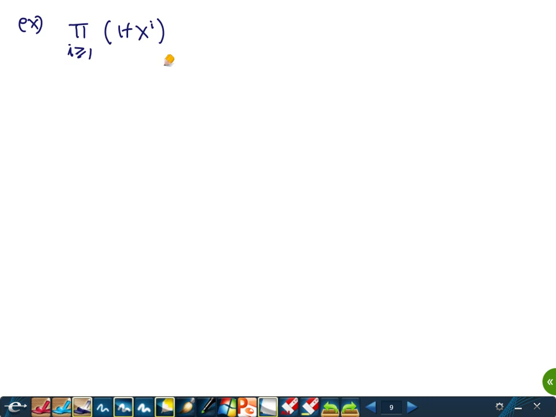Right now we don't really know whether this is indeed a formal power series or not. This means what? Limit. Actually, it means the limit as n goes to infinity of the product for i from 1 to n of 1 plus x to the i.